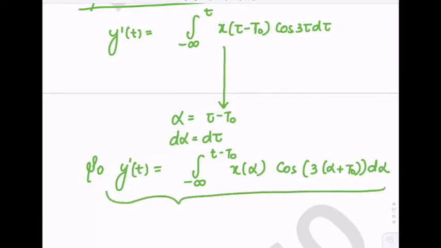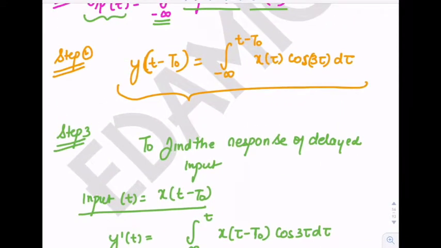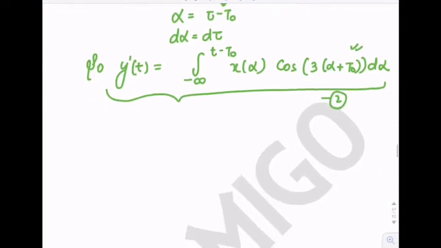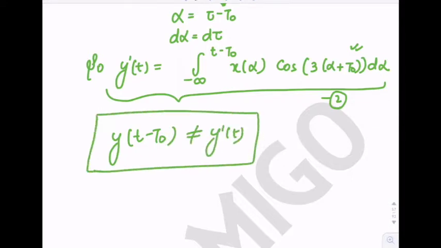Now we can see that this is the response of the delayed input and this is the delayed output. Okay, if this is equation number 1 and this is equation number 2, they are not similar. So we can say that y(t minus t naught) is not equal to y dash(t). So the system is time varying. Okay, so the system is time varying.